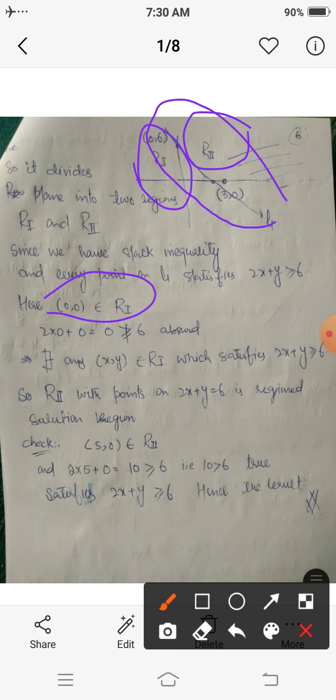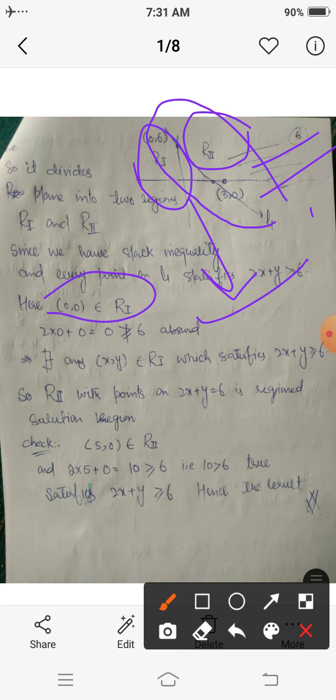If (0, 0) satisfied the inequality, it would imply that 0 is greater than or equal to 6, which is absurd. So there does not exist any point in region R1 which satisfies 2x plus y greater than or equal to 6. But if we consider points from region R2, each and every point satisfies the given inequality. Here we have the slack inequality.